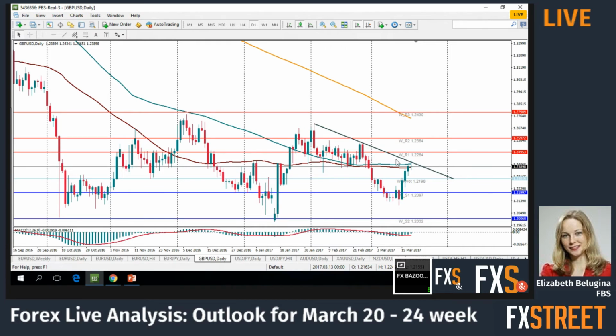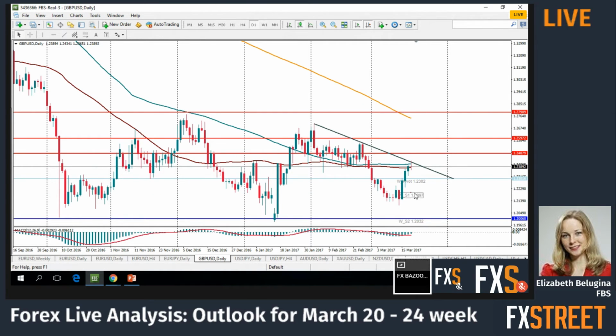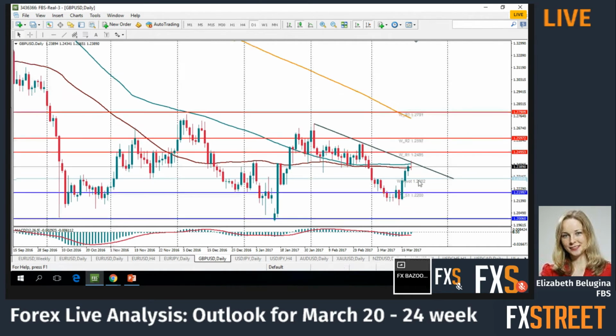Here the reasons for higher GBP USD were pretty much the same as the reasons for higher euro versus the US dollar, as firstly there was the broader weakness of the US currency, and secondly there was some news connected with the central bank, which turned out to be positive for the currency.